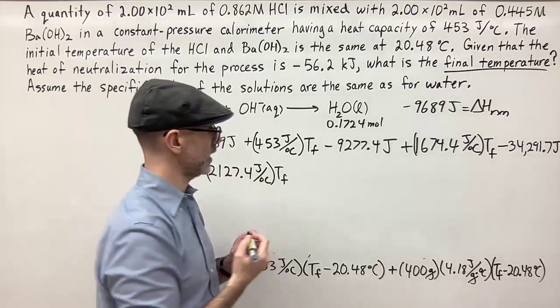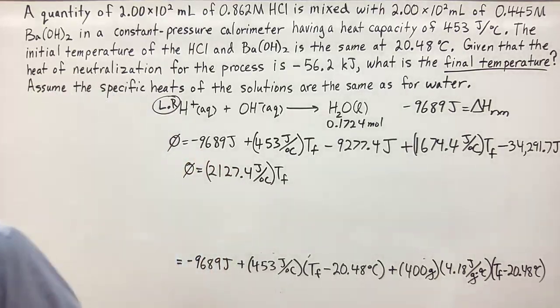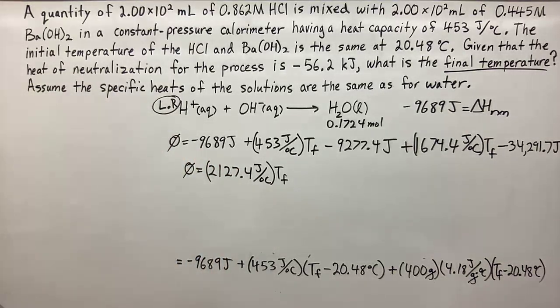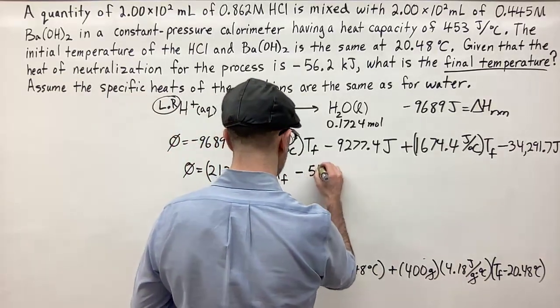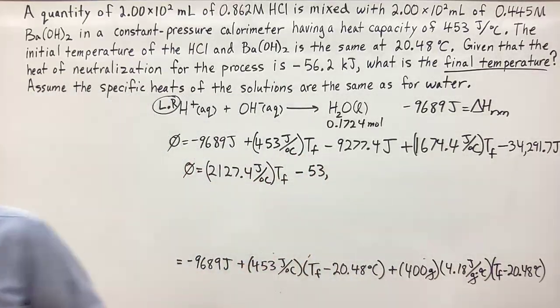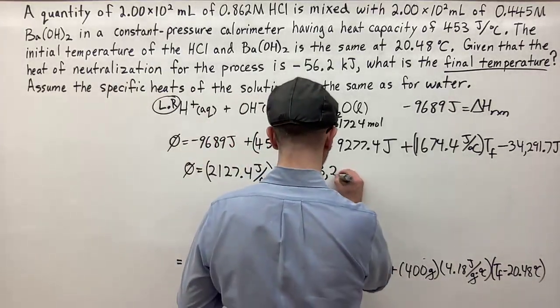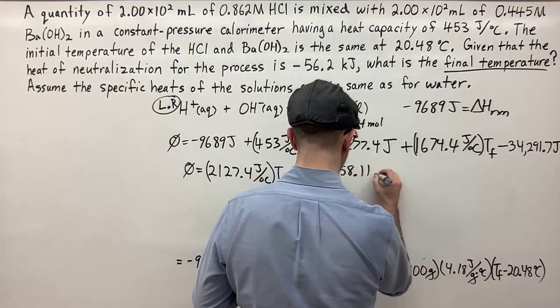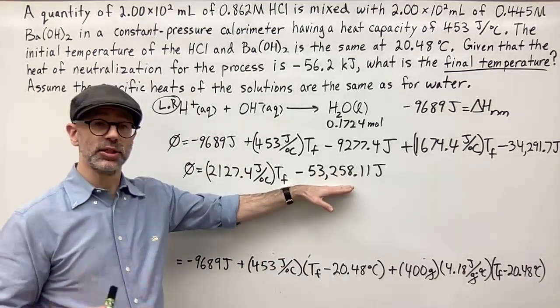When I add that together, they're all negative, so it's going to be negative 53,258.11 joules. Okay, now this is much simplified.